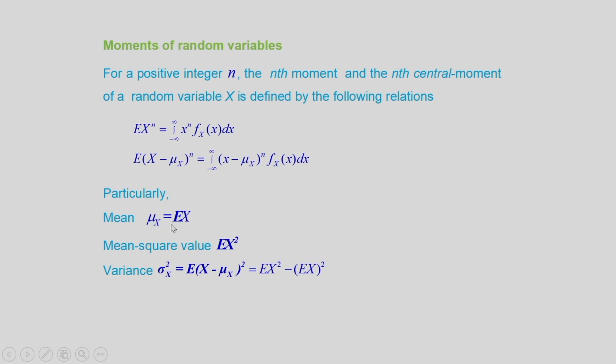Mu x, the first order moment, is equal to E of x; the mean square value is E of x square; and similarly, the variance sigma x square is E of x minus mu x whole square. Using the properties of expectation, we can establish that this is also equal to E of x square minus E of x whole square.